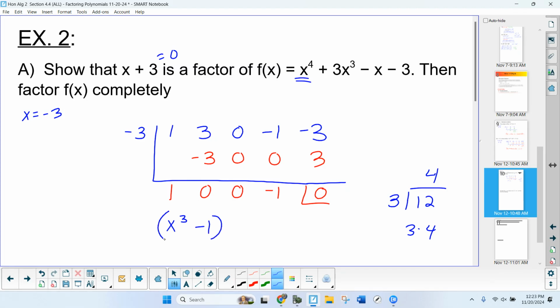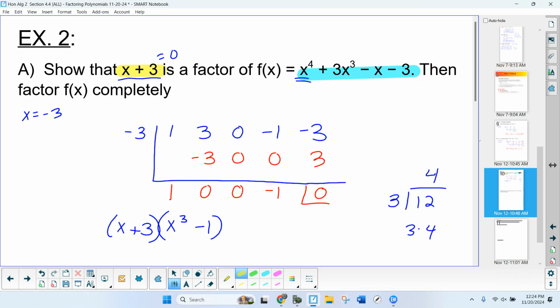And if I multiply that by what I divided by, which was x plus 3, I didn't divide by negative, I divided by the factor x plus 3. If I divided 12 by 3 and I get 4, that means 3 times 4 is 12. So if I divided this polynomial by x plus 3, that means the answer times x plus 3 equals that polynomial.